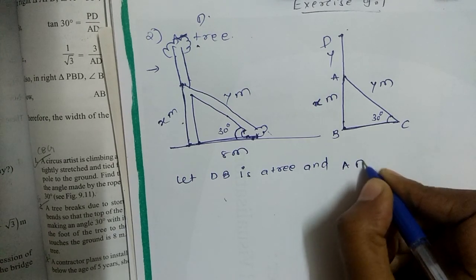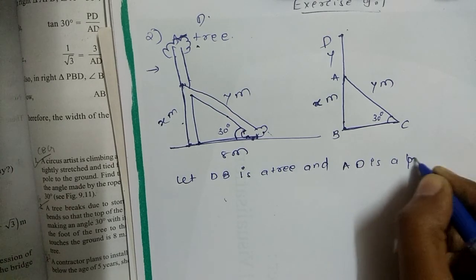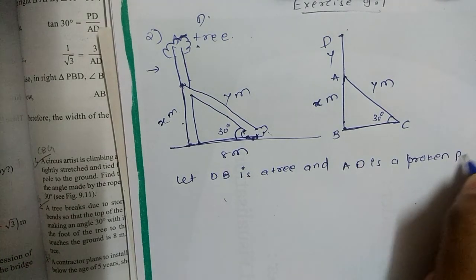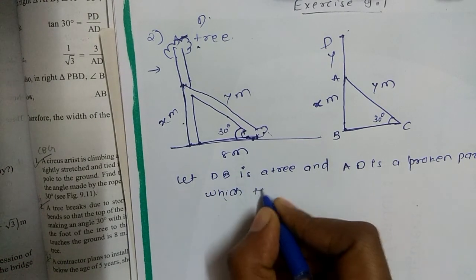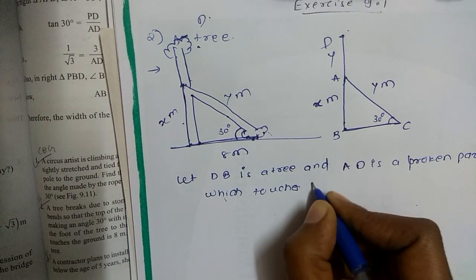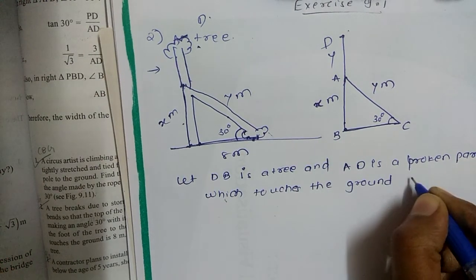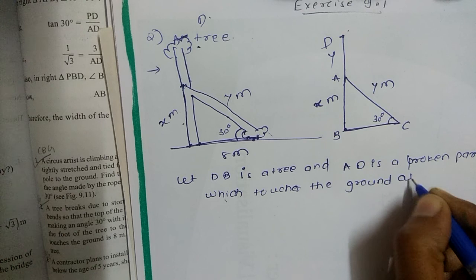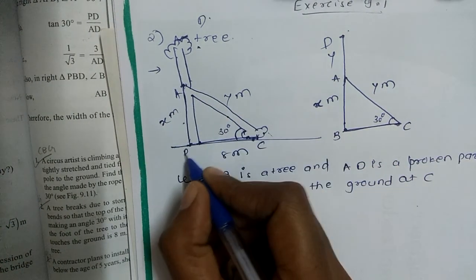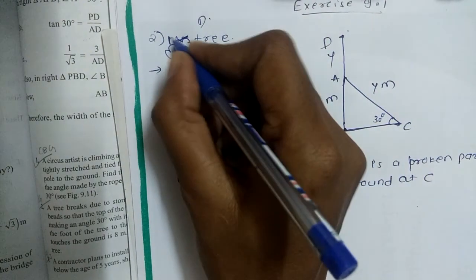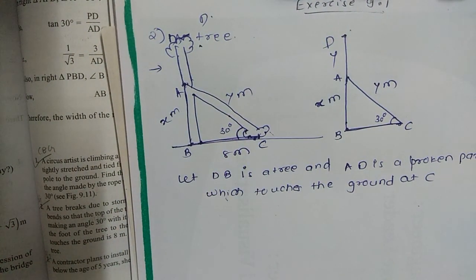The broken part AD touches the ground at point C. We will take the point on the ground to be C. So this is A, B and here C. This AD will bend and touch at point C. So we will take the point on the ground as C.